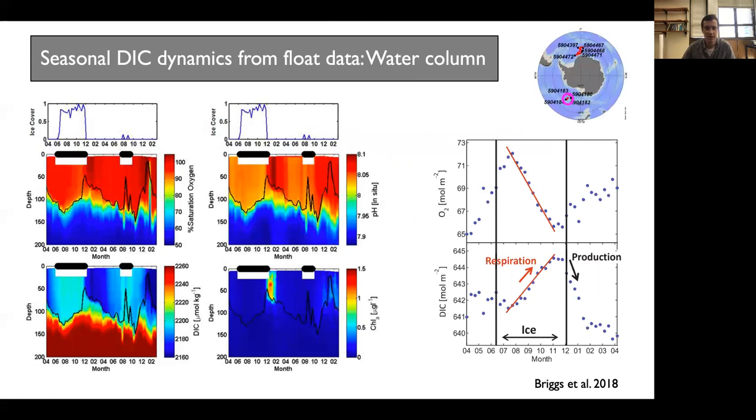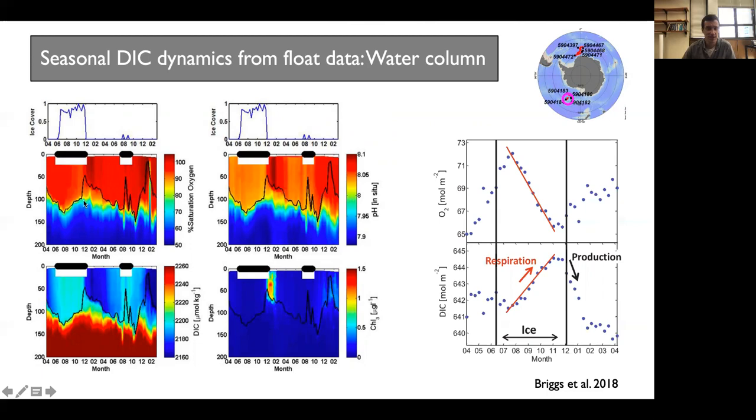So this is just showing data from one float again, float 590-4184, where she's showing an under ice period. Ice cover is in this blue line at the top here, oxygen saturation upper left, pH and DIC bottom left, and chlorophyll A bottom right.